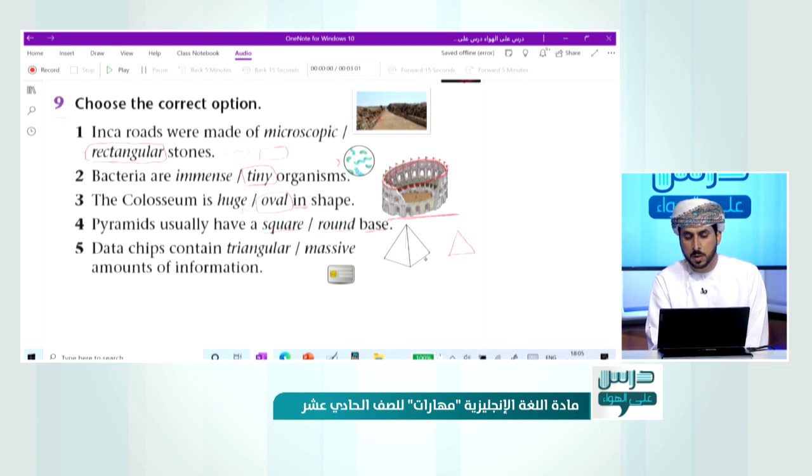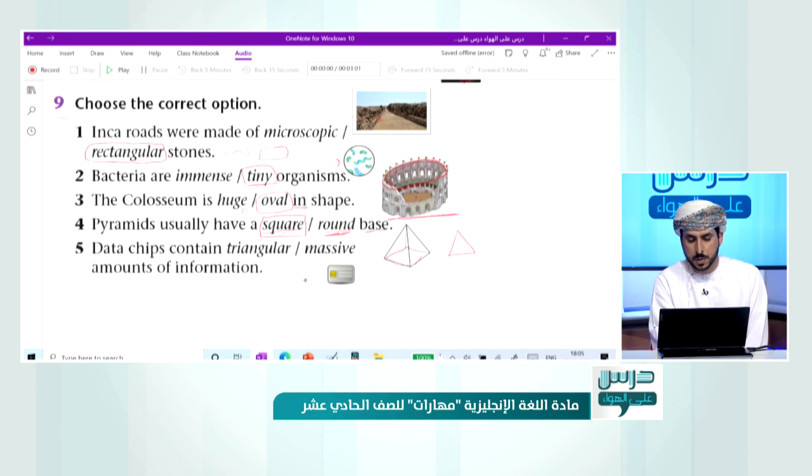Now the question is asking about the base, the foundation here, this one. So it looks like what? Round or square? It's very clear that it is a square. So the answer is square.